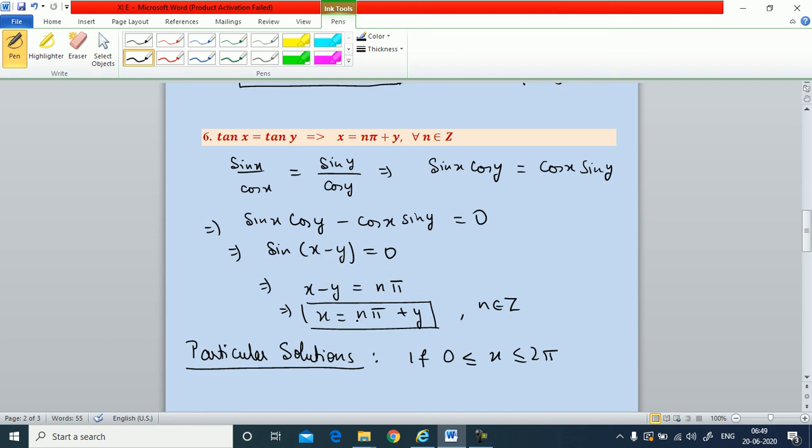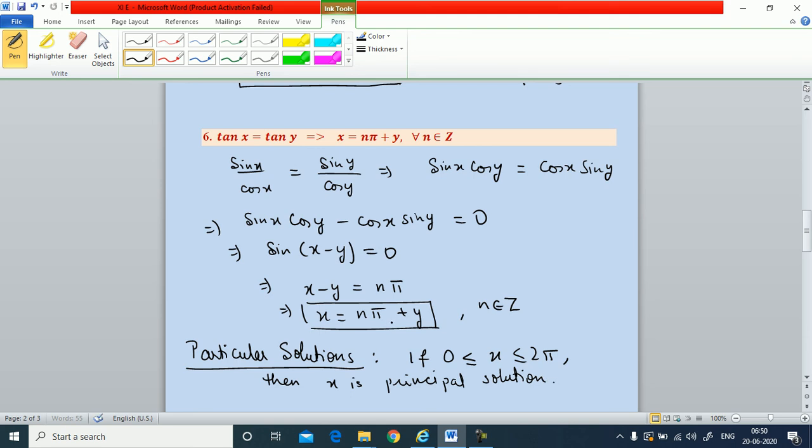So if n is such that your angle x is an angle from 0 to 2 pi, then x is a principal solution. So for those values of n where x becomes an angle of this particular interval, then x will be termed as a principal solution.